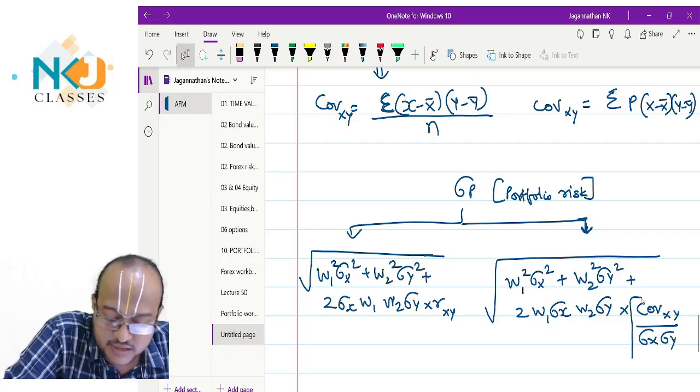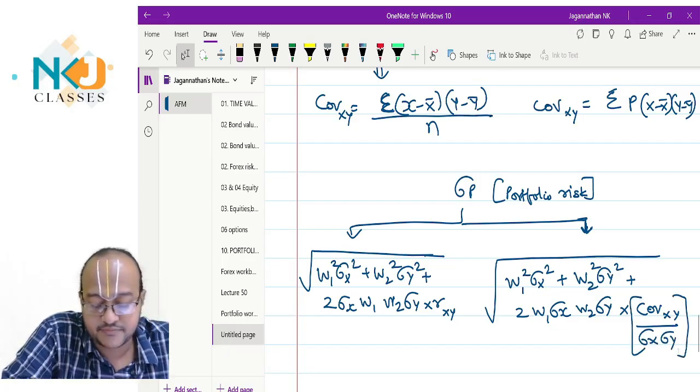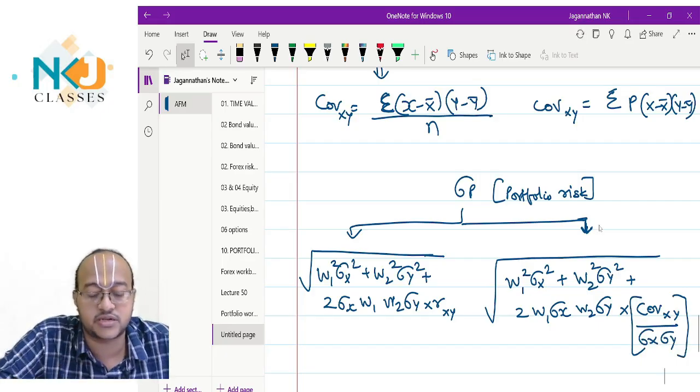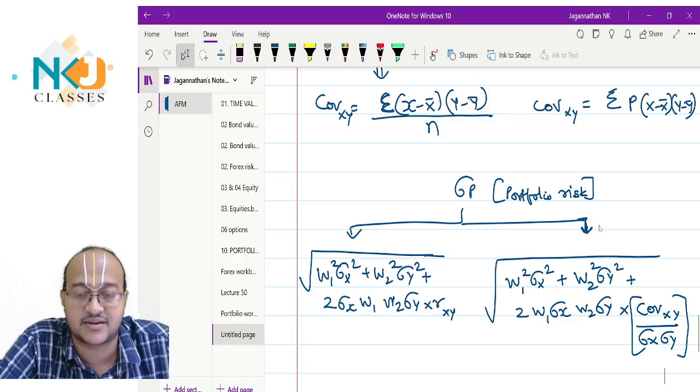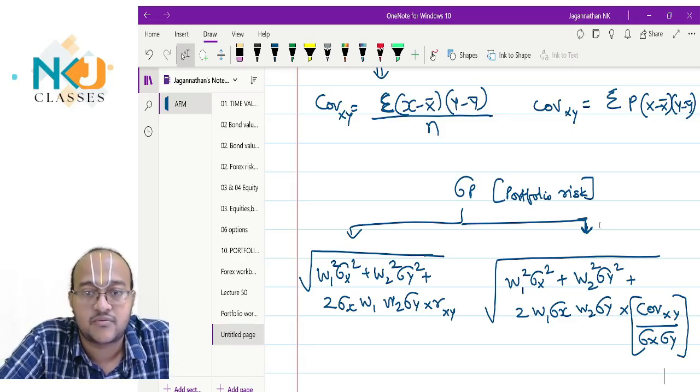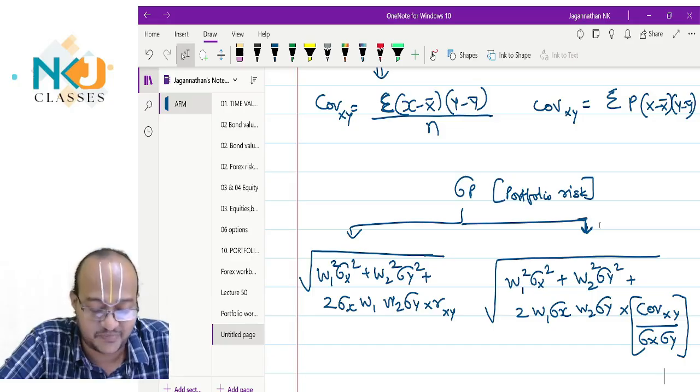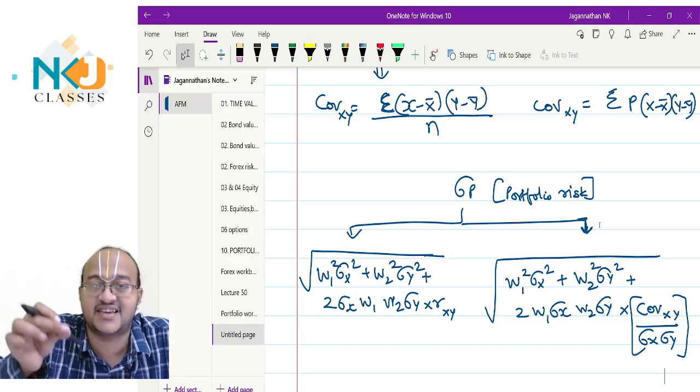This is what correlation is, right? The correlation I substitute by using this formula. Nothing great. Old wine in new bottle. Substituting the formula in the existing formula.